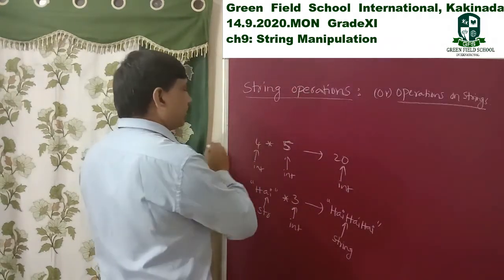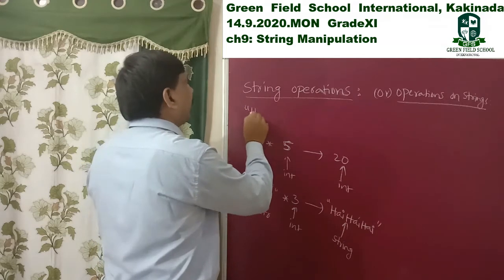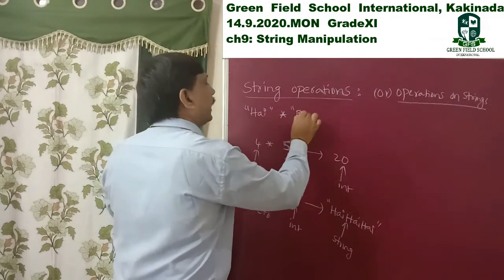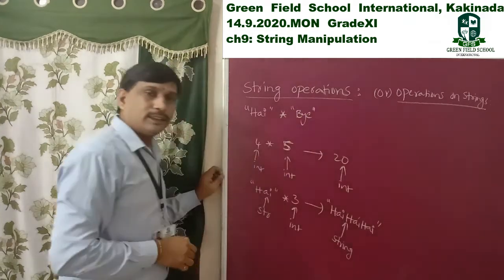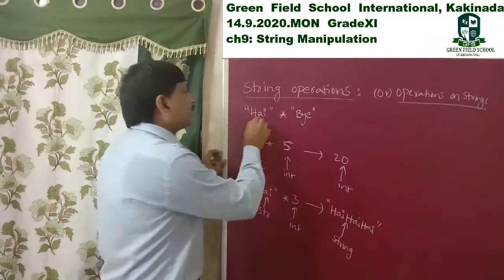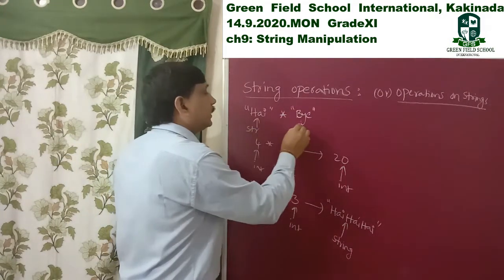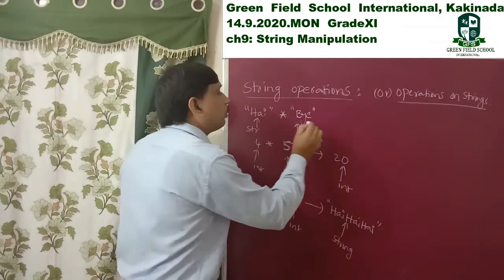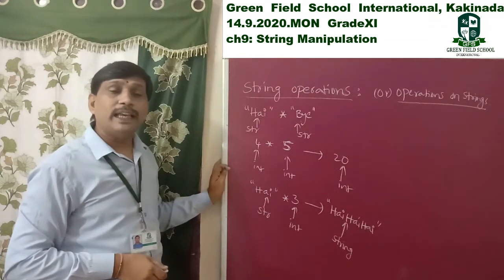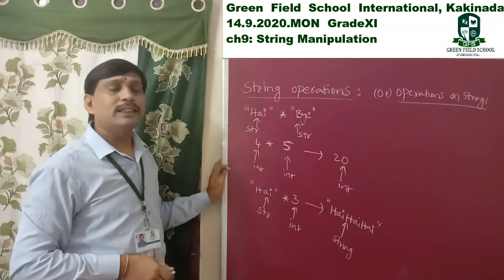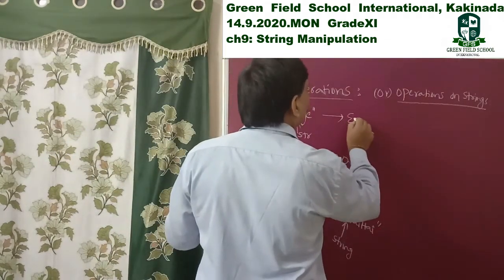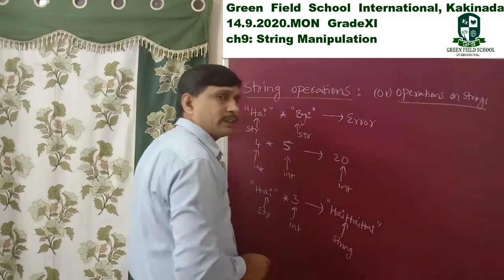See, I take one more example: one is hi, star, second one is bye. This one is a string and this one is also a string. Both are strings. Then what will happen? It doesn't display any value; it displays an error. Why?